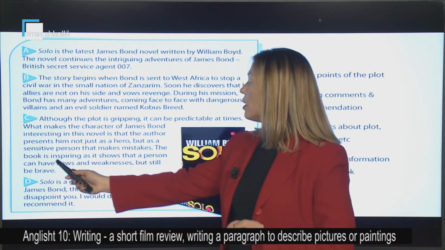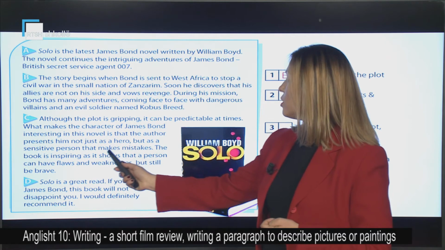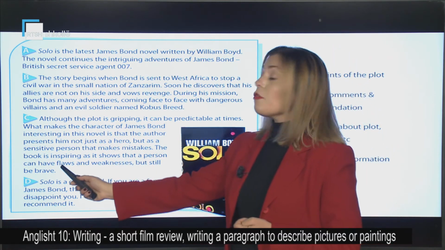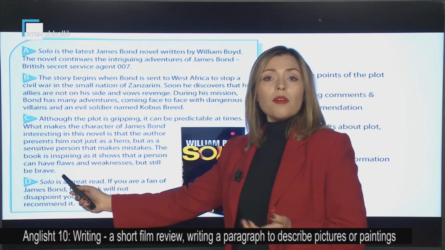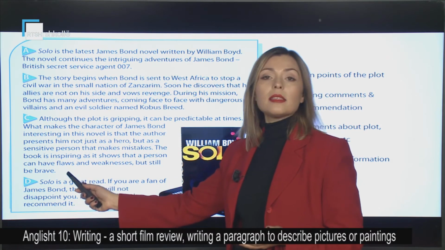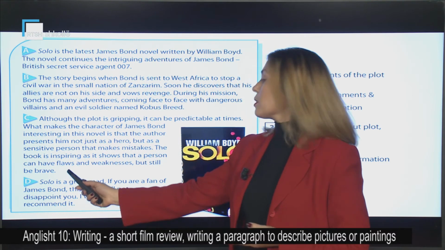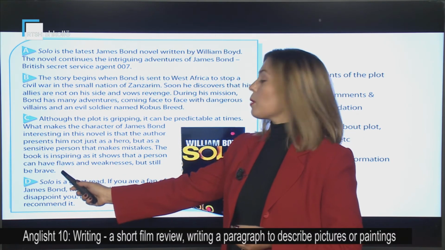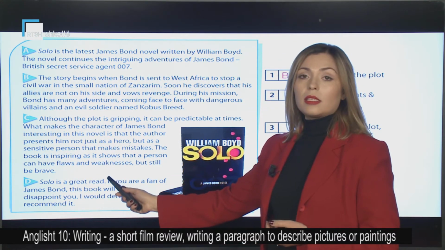The book is inspiring as it shows that a person can have flaws. So every single person, no one is perfect. Every single person has their negative aspects, flaws, and weaknesses.